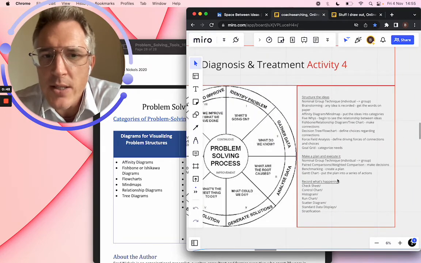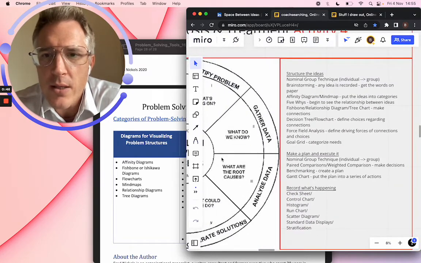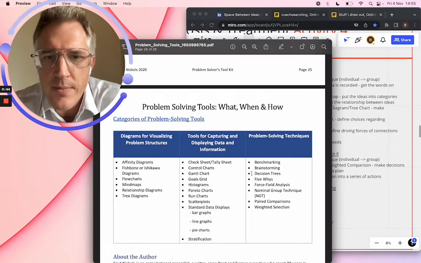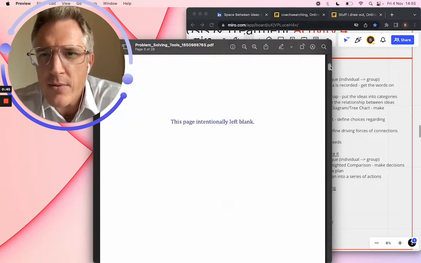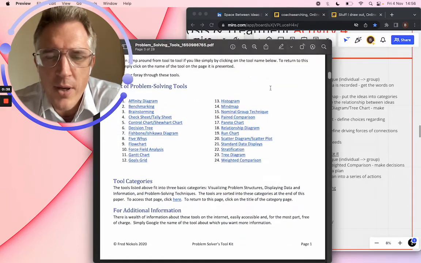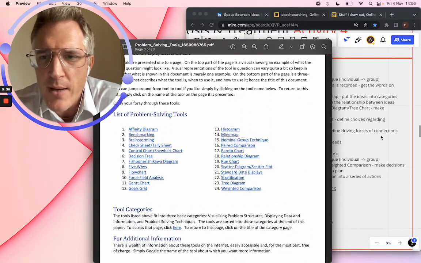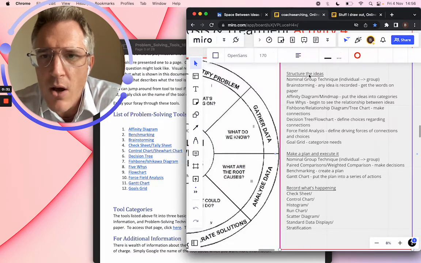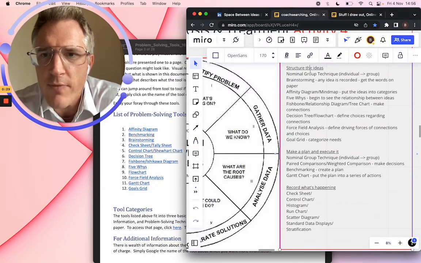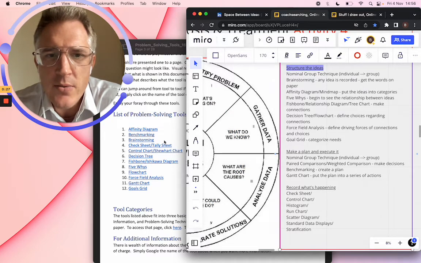So what I did was I took all of these 24 tools, and I went through them. I read them quite a few times, and what I found out was that at the top we have structure for the ideas. So this was kind of like that idea.